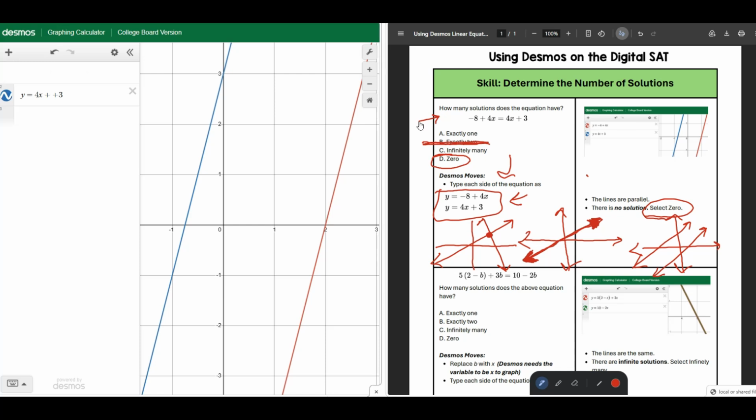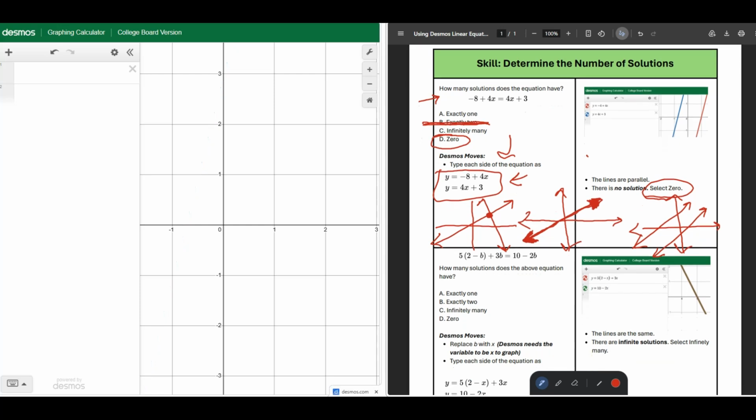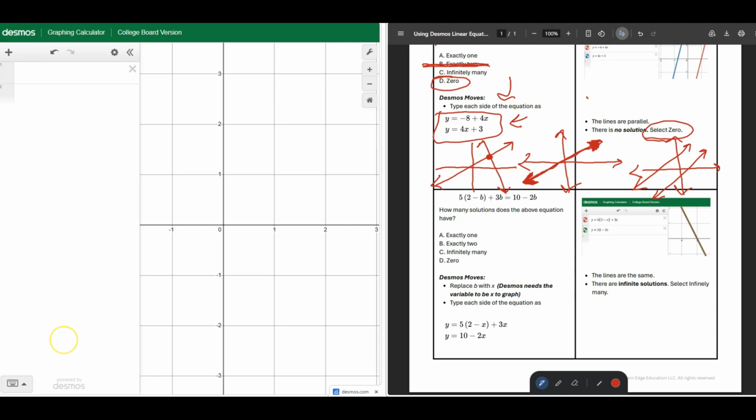Okay, great. Let's go down to the second problem and take a look at what we have here. All right, from previous videos in this series, you were also told that Desmos needs the variable to be x in order to graph.